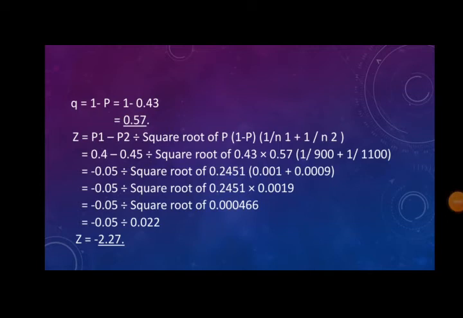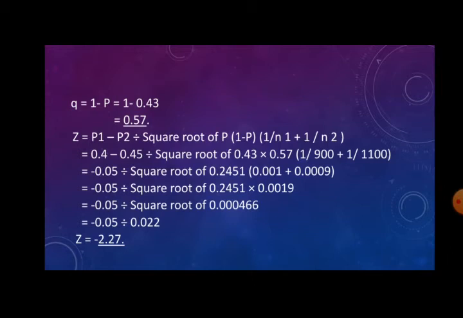P1 is 0.4 minus P2 is 0.45, divided by the square root of P, that is 0.43, into 1 minus P, which is 0.57, into 1 divided by N1, that is 1 divided by 900, plus 1 divided by N2, that is 1 divided by 1100.